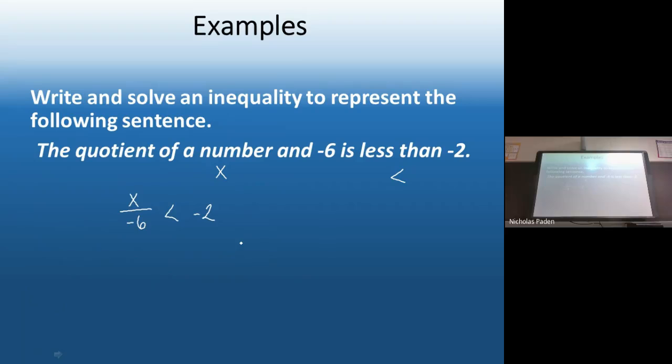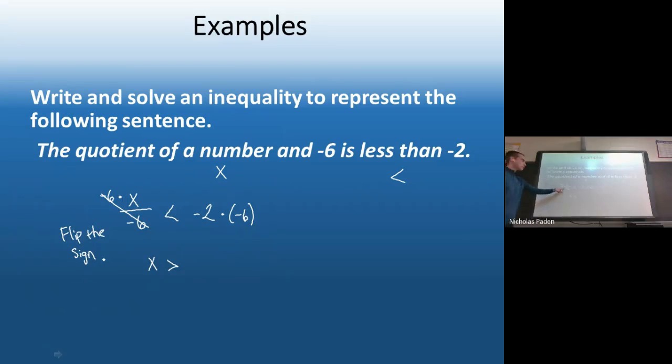And then we need to solve it. And so to solve this inequality, I would get rid of the -6. To get rid of that -6, I need to multiply both sides by -6. So the -6's cancel off. But also remember, what else do I have to do? Since I multiplied by a -6, a negative number, I need to flip the inequality sign. Making sure we don't forget about this. I'm writing it down every time.